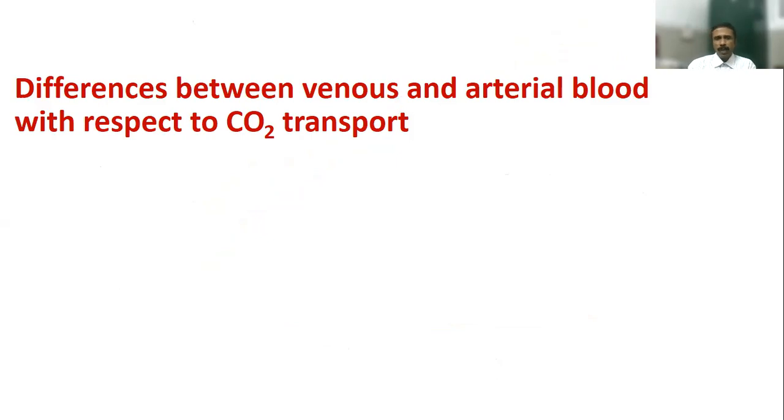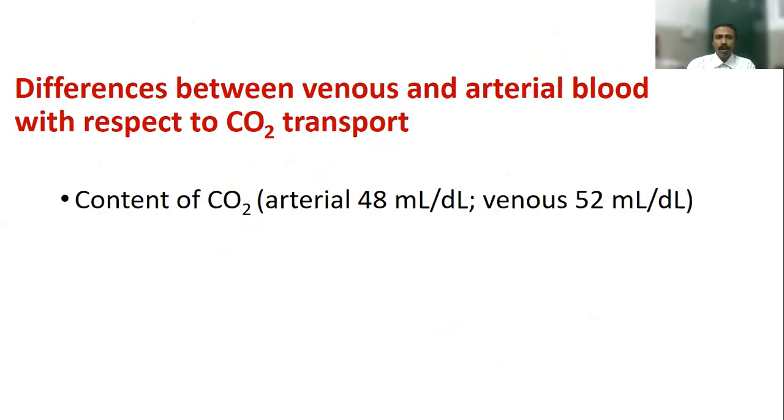Now, what's the difference between venous and arterial blood with respect to carbon dioxide transport? As we have already mentioned, the content of carbon dioxide in the venous blood is higher than that in the arterial blood. It's about 52 ml per deciliter in the venous blood.